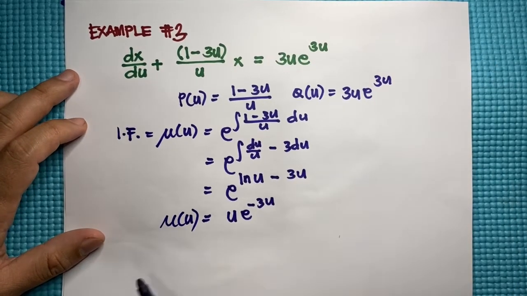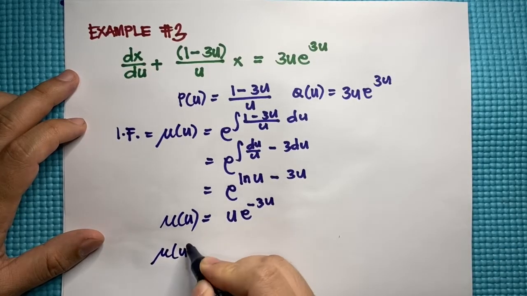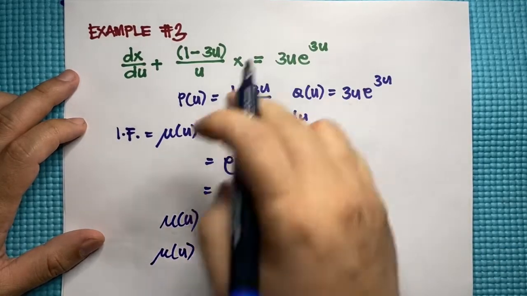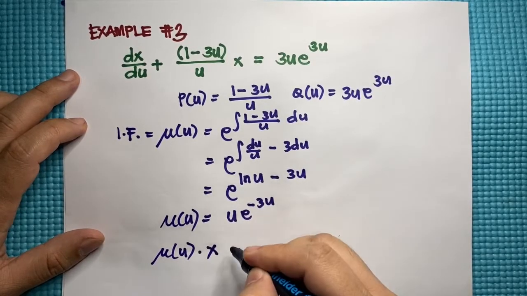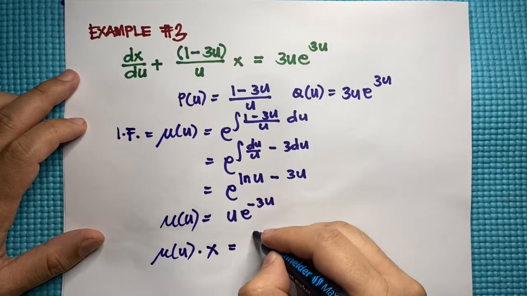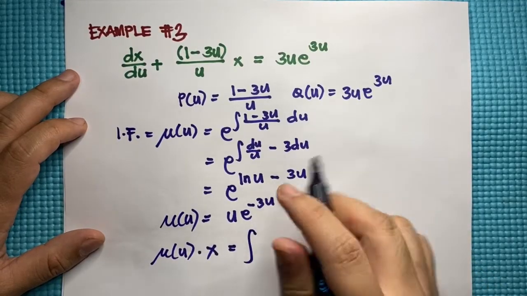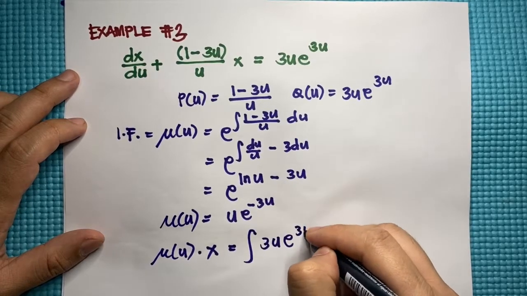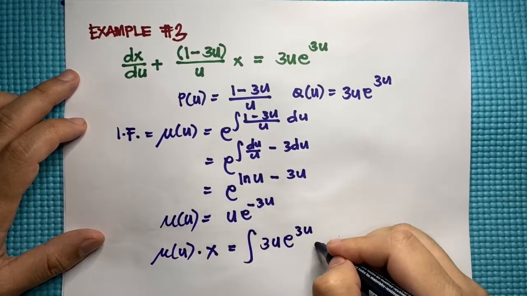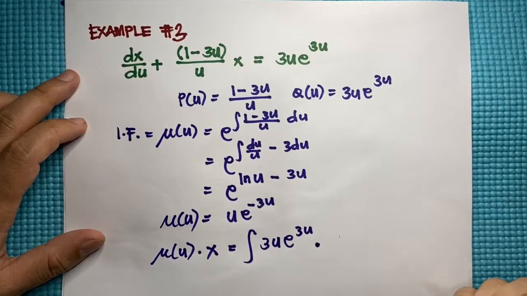Using our general formula, the mu of u, this time since it's linear in x, not in y, I'll be multiplying it with x, and that is equal to the integral of q of u, which is 3u e raised to 3u, multiplied by mu of u.